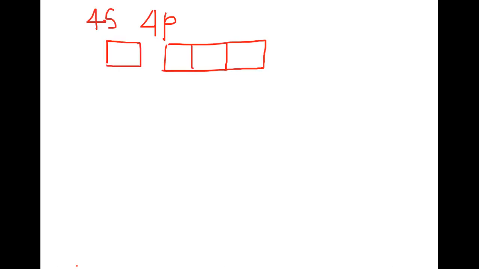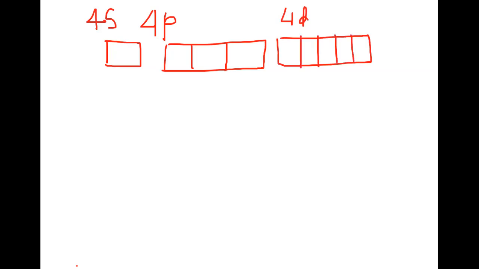Such kind of orbitals are written in the box diagram. When you represent the subshells and the orbitals in the form of boxes like this, you call these the box diagram. So if I have to write the box diagram for the fourth shell, then the 4s is going to be 1. Then you see that I have given some gap. Then when we do 4d, again there will be some gap, and there will be 5 divisions here.